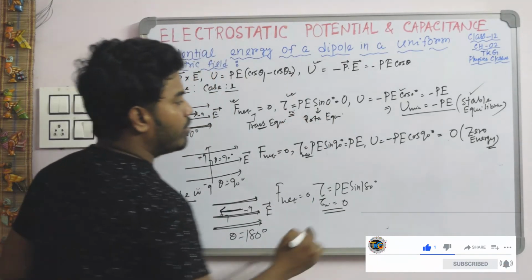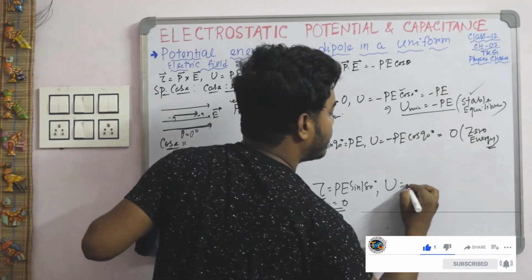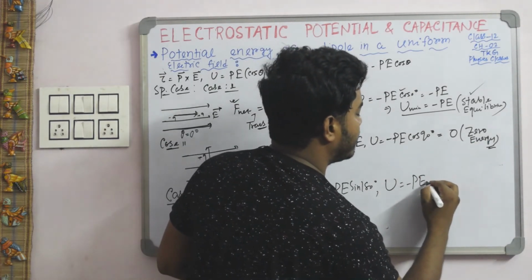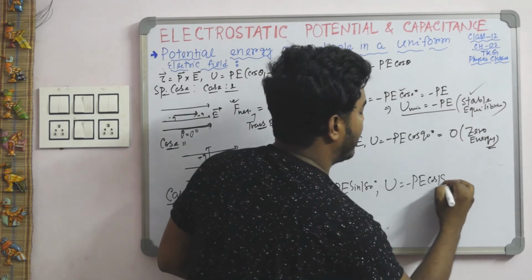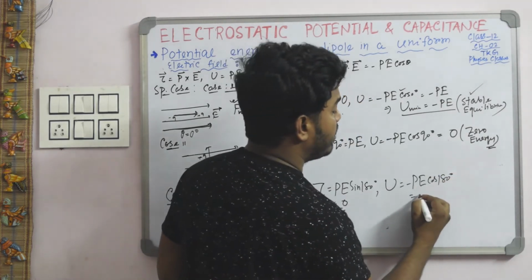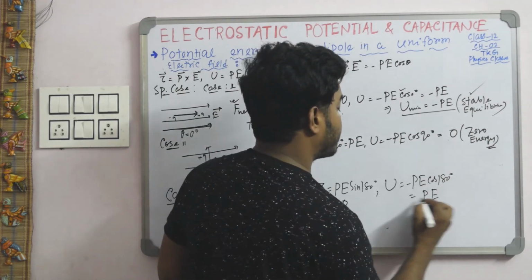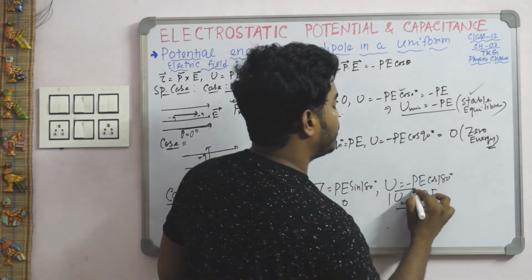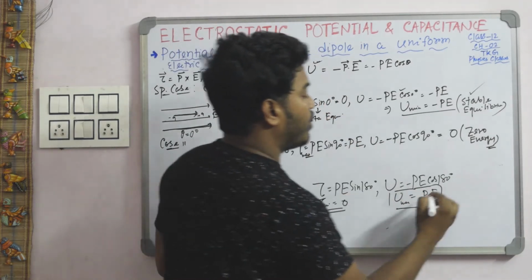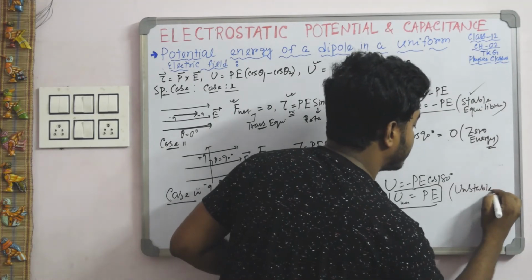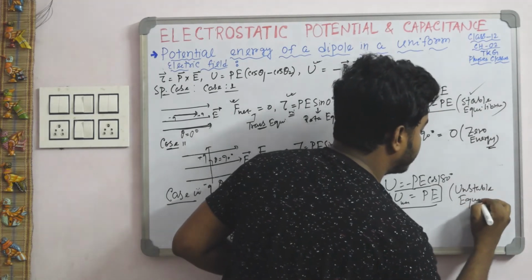Clear? Now U is equal to minus PE cos 180, and cos 180 value is minus 1, so minus PE times minus 1 is plus PE. So this potential energy is the maximum value, and this condition is called unstable equilibrium.